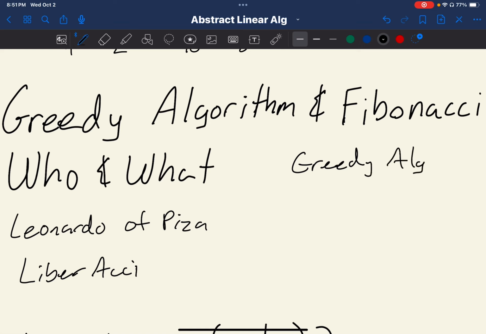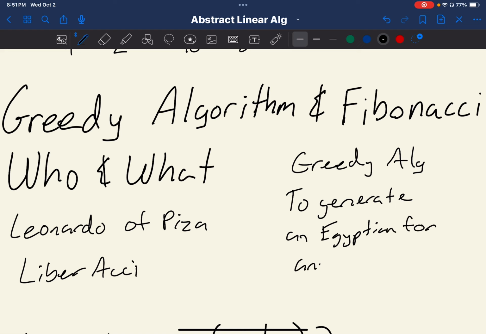And this can be used to generate an Egyptian fraction for any fraction. I note that I'm saying an Egyptian fraction, because there are technically infinitely many Egyptian fractions for any given fraction.